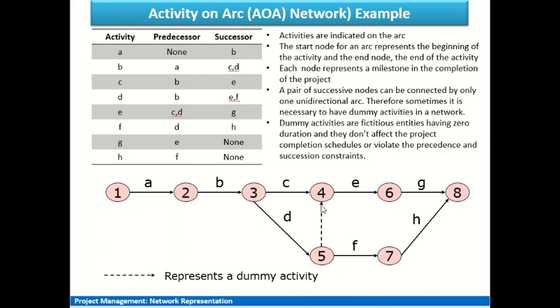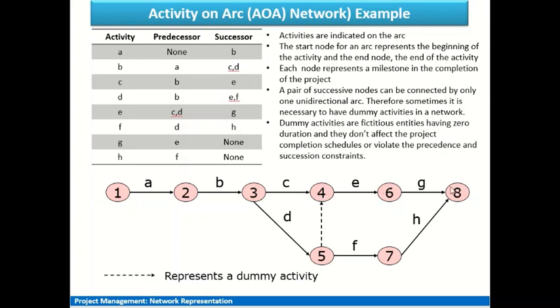So we reach here till node 4, that is, C and D activities get completed, and after that the next activity is taken up. So E has its predecessors C and D, and follower G.